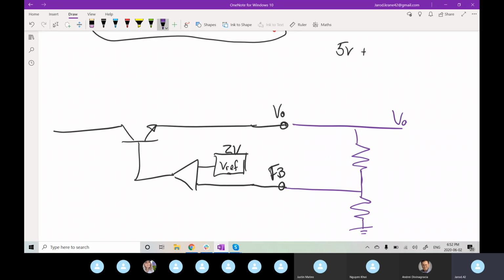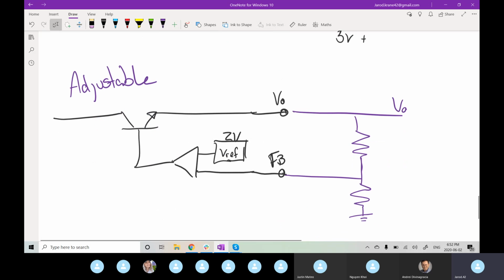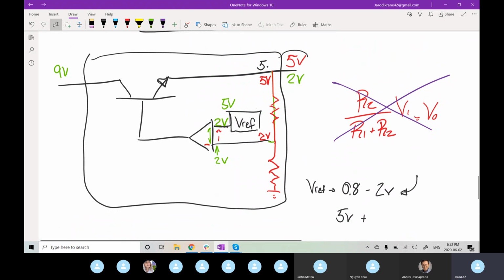So the adjustable is no different to what a linear regulator truly looks like, because a true one will have these internal resistors because of this restriction.